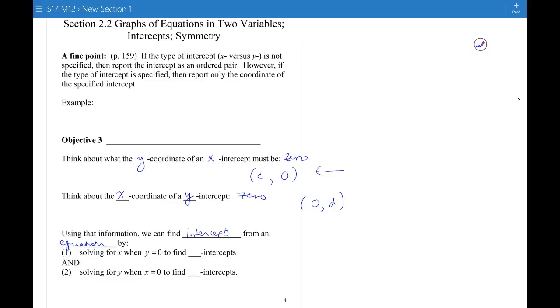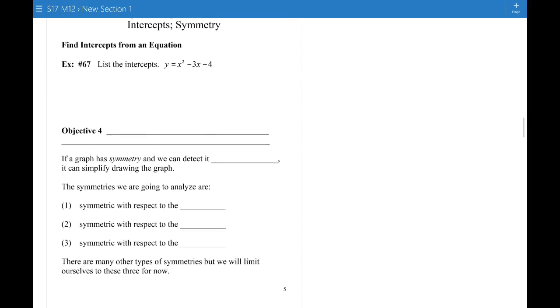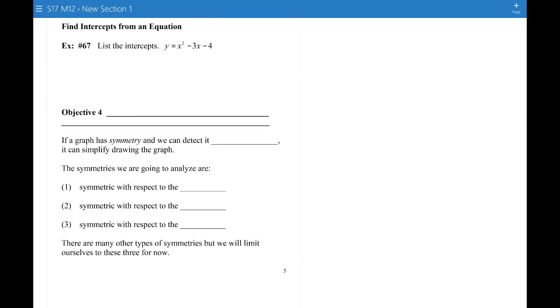So you're saying, put y as 0 and find x-intercepts. And then if I put 0 in for x and solve, I'm going to find y-intercepts. Make sure that's very clear to you. We're going to work on this one in class and list all these intercepts.